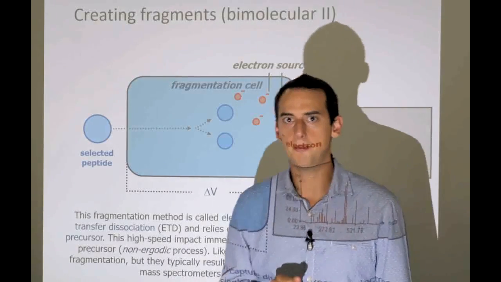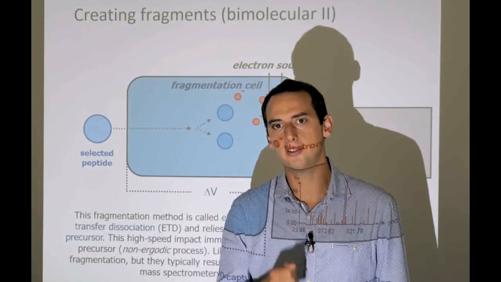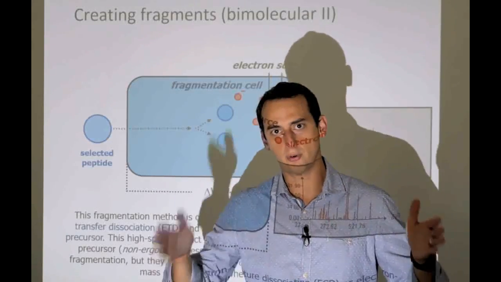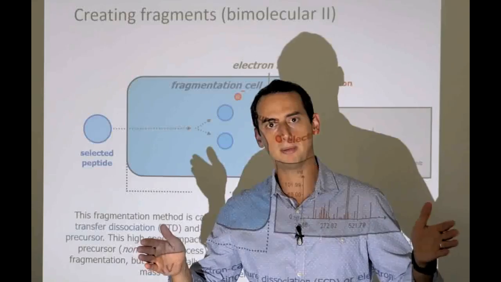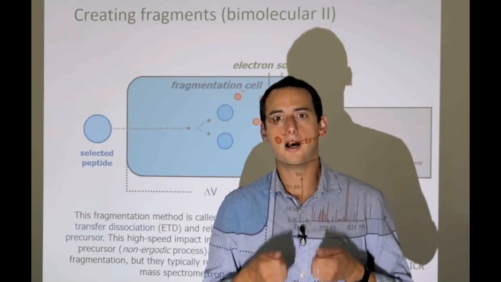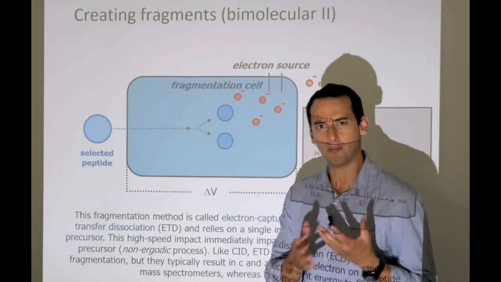A final thing I'll say about it is that the fragmentation procedure is slightly less efficient, and it is harder to get a good coverage of all the possible fragment ions along the backbone. As a result, what most people do is enhance the fragmentation, and they use a kind of mixture.